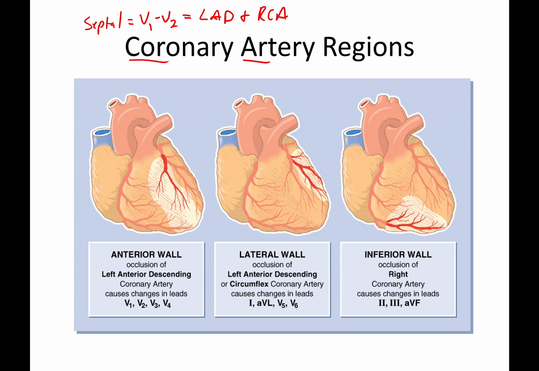So if we're having changes in our V1 and V2 that make us think it's septal, we may have either one of those arteries affected.